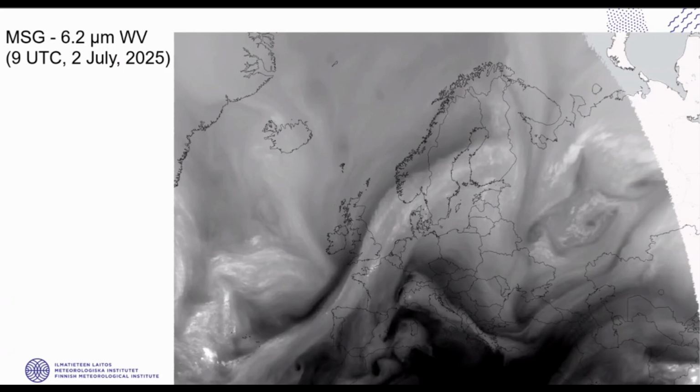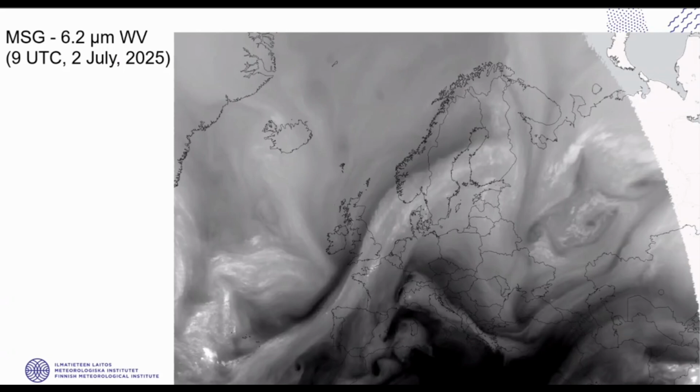And if you remember, the whiter and brighter colors indicate more moist air, and the darker colors indicate drier air. And this gives us a good overview of what is going on.